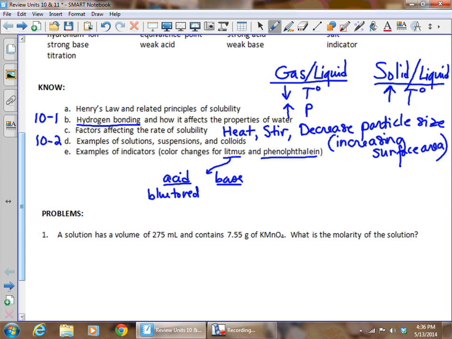It turns red litmus to blue if it's a base. Now, as far as phenolphthalein is concerned, in acidic solution, phenolphthalein is clear, and in basic solution, phenolphthalein is like a magenta, hot pink, purple color. So make sure you know those color changes.